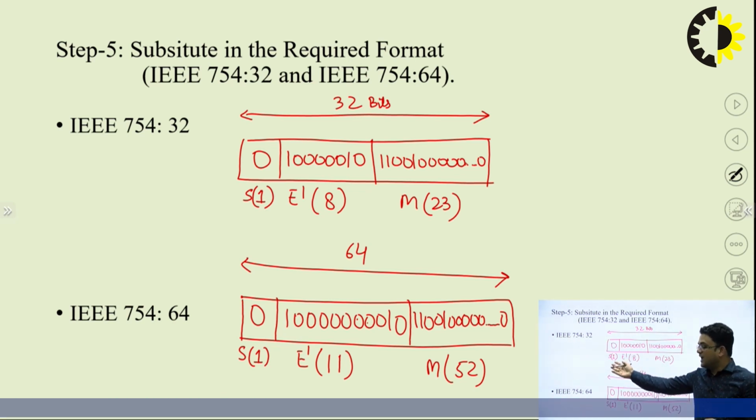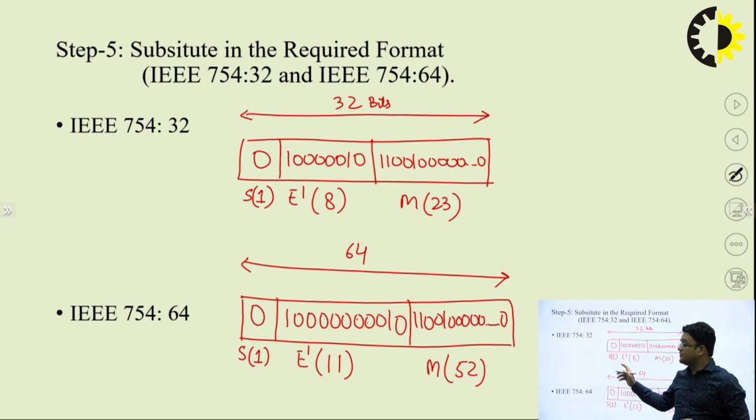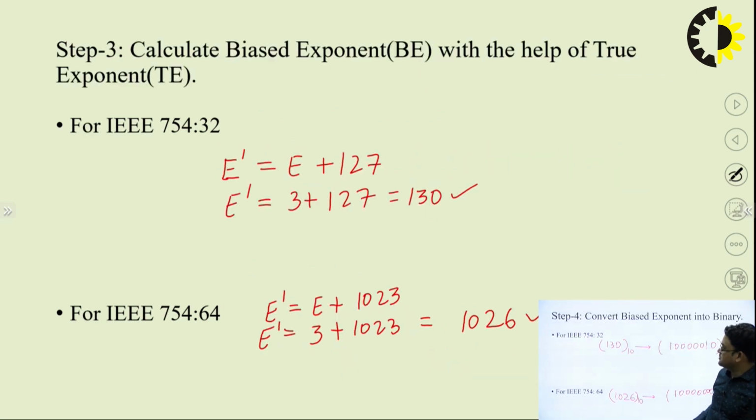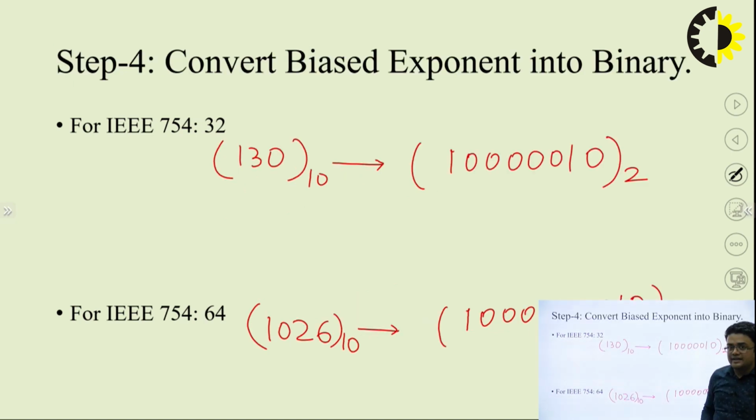If the number was negative, there is only one change: the sign bit will become 1. We write the biased exponent because we don't want our exponent to be negative, so we use the biased exponent method to make it positive, for 32 bit this and for 64 bit this. So I hope this is clear to you all.